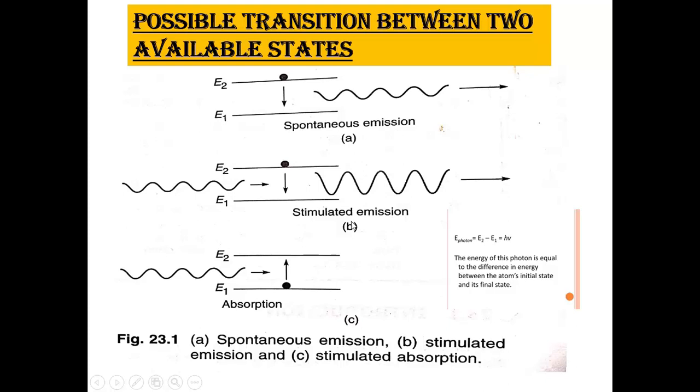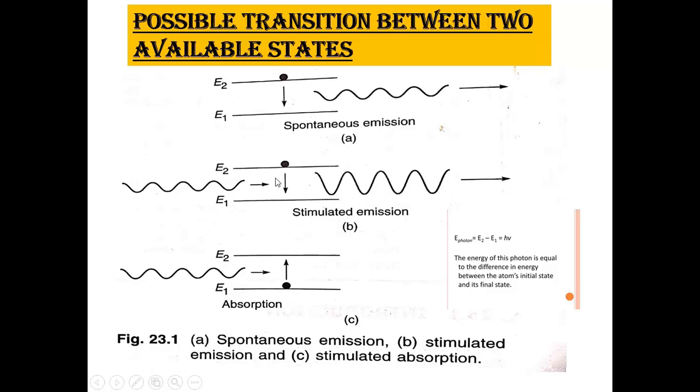The third, and very important, transition is stimulated emission. That means it can also come down before completing its lifetime by a photon incident on it, and it will be stimulated to come down to the ground state by emitting a photon, and that photon is going to get added up with the initial photon.